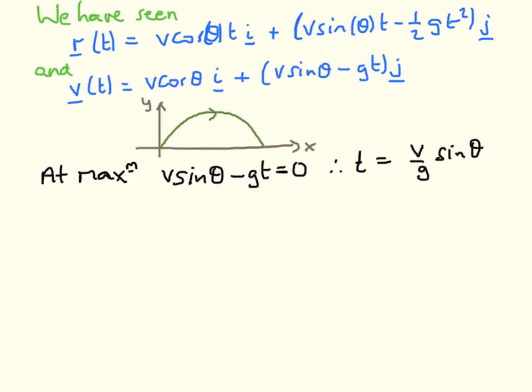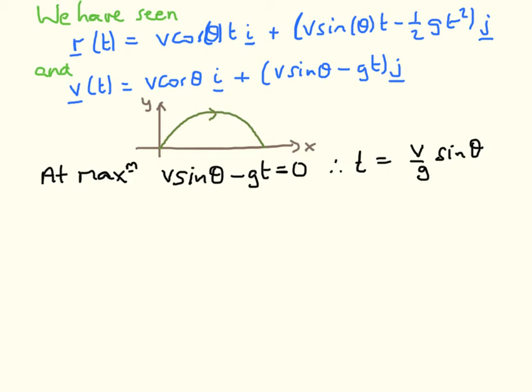So this is the time at which the particle has achieved its maximum height, and now we substitute this time into the vertical part of the position, and that tells us what this height is.